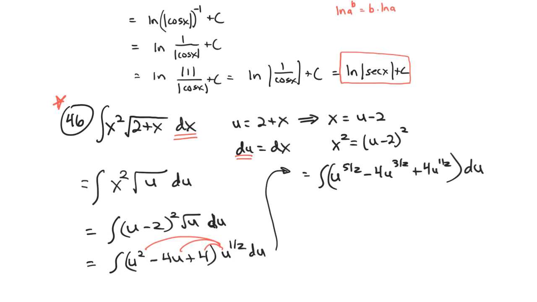And then we just use the power rule a bunch of times. So for this one, this power goes up by 1, so 5 halves plus 2 halves is 7 halves. Dividing by 7 halves is the same as multiplying by 2 sevenths.